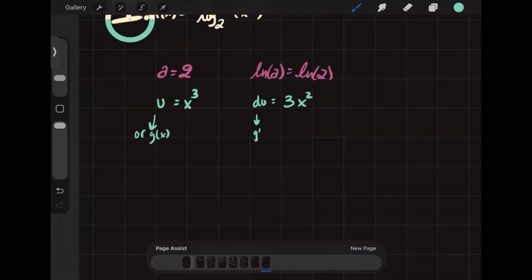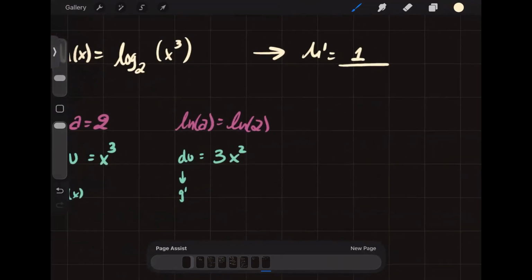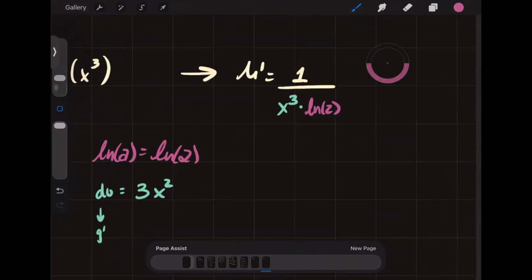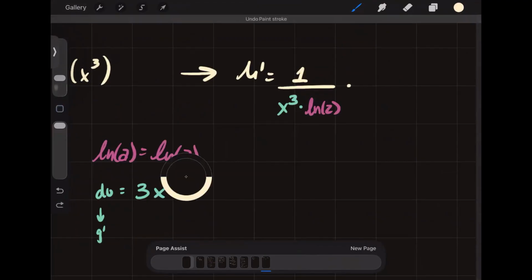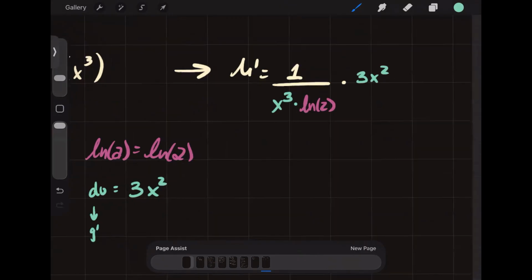And that means h prime is equal to 1 over u, or g of x, so that's x cubed, times ln a, which is ln 2, times du, which is 3x squared.